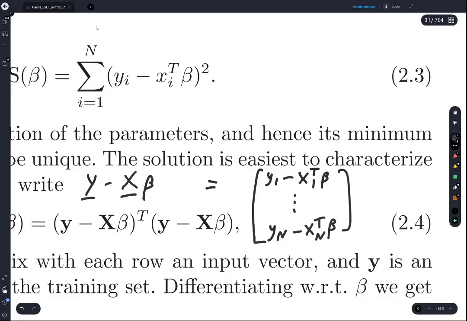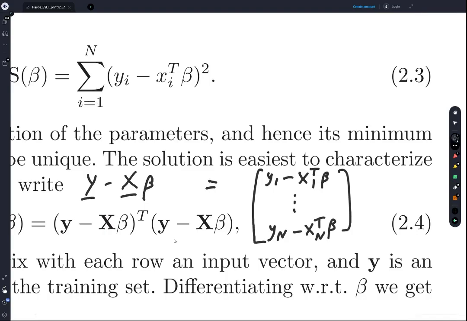That's precisely what this is. If we look at it, you take each yi minus xi transpose beta, you square it, and then you add them all up together. And that's exactly what this is doing. So that's why this works out.